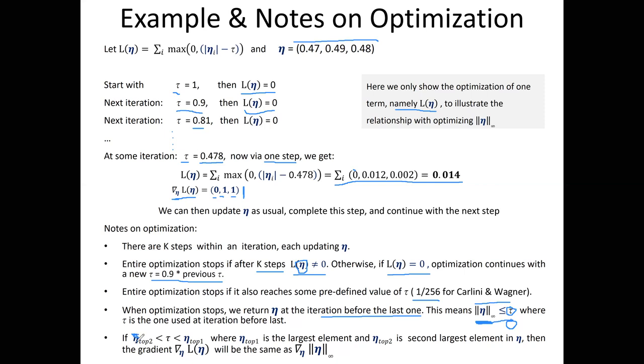So if I take the eta here and take the highest value in eta, and the second highest value in eta, and then I pick a tau which is between these two, then only one element would pop up above tau, which is eta top 1, and then the gradient of this proxy function here will be the same as the gradient of the L infinity norm of theta, right?